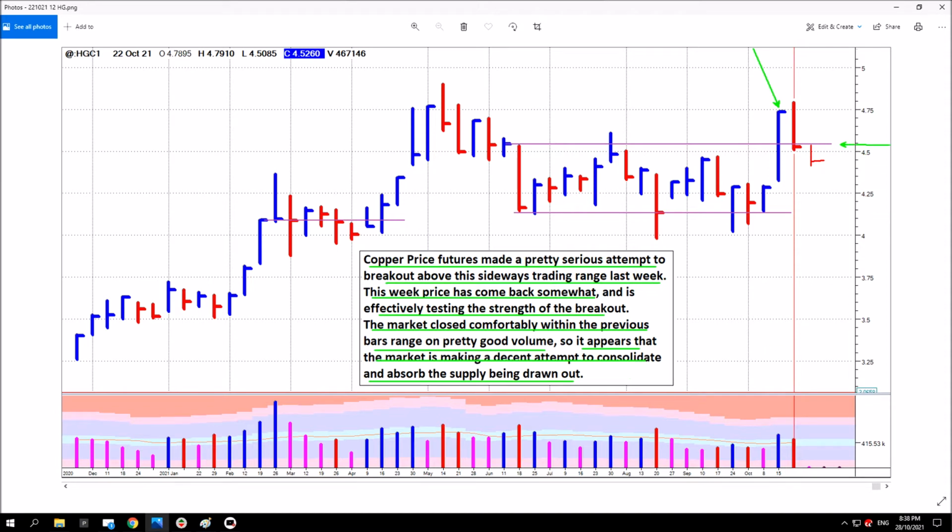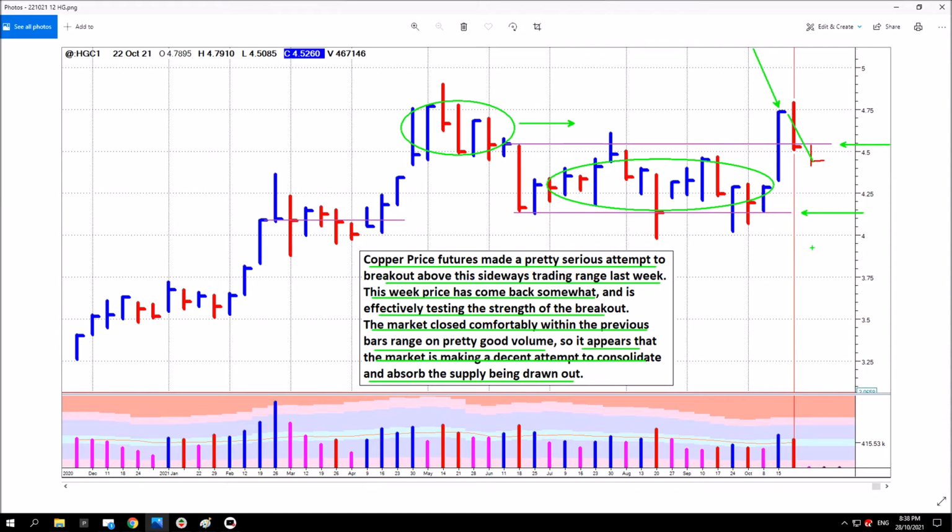This is the breakout level here. There will be some resistance here that will need to be absorbed, and that's probably what's caused price to come back like this so far. There is likely to be pretty good support within this zone all the way down to here.